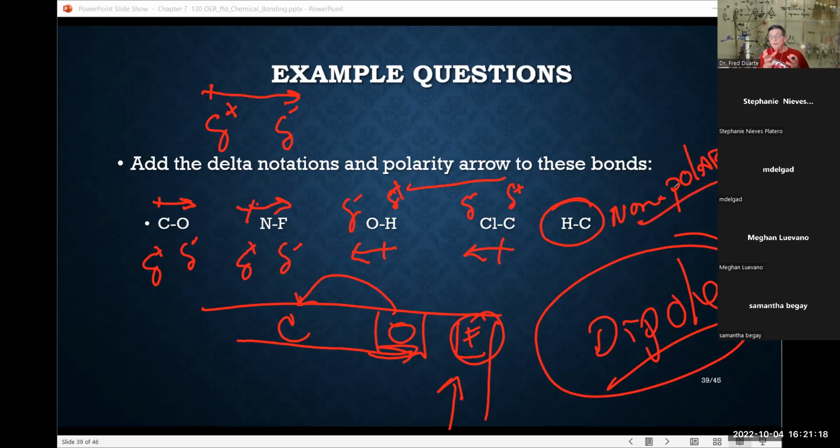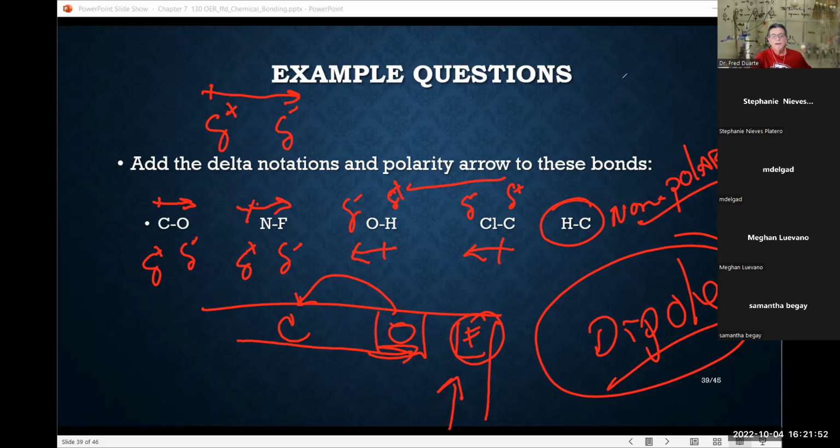Okay, now we need to know that information with respect to the bonds, because with that information, we take the structure that we determined from the Lewis dot structures, look at any polar bonds, and determine from that information the overall polarity of that molecule, which then in effect gives us a lot more information once we know what type of compound we're dealing with, polar molecule versus non-polar molecule, okay?